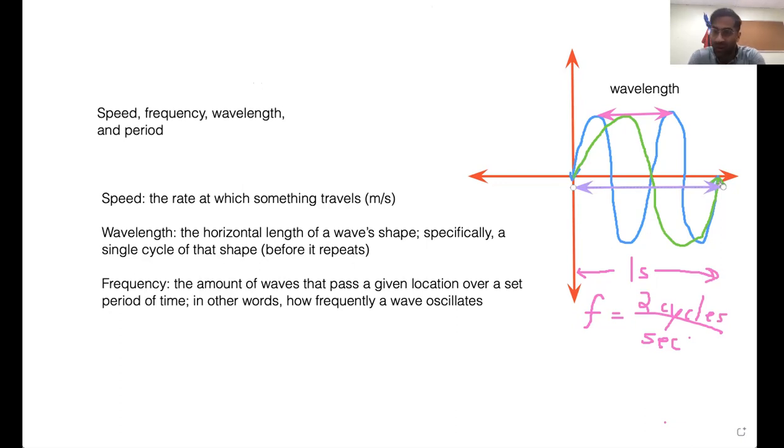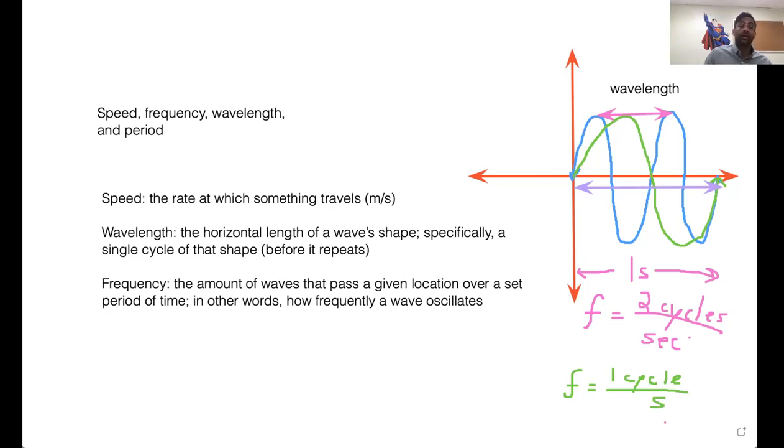And then you see that the green waveform only covers 1 cycle per second. I'm going to write that in green down at the bottom. Frequency is 1 cycle per second.